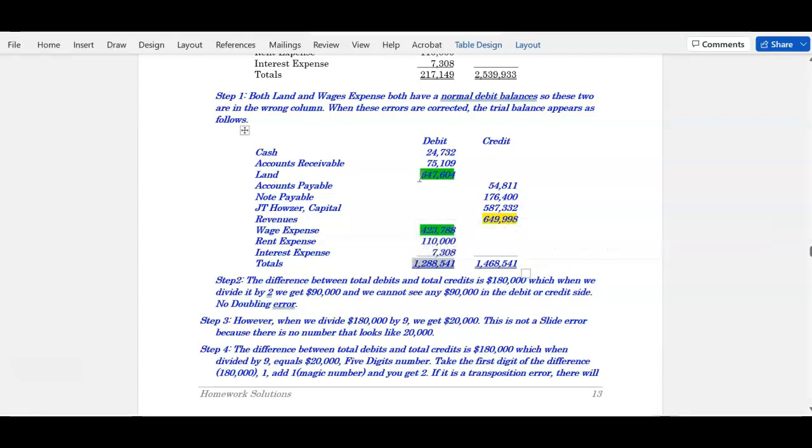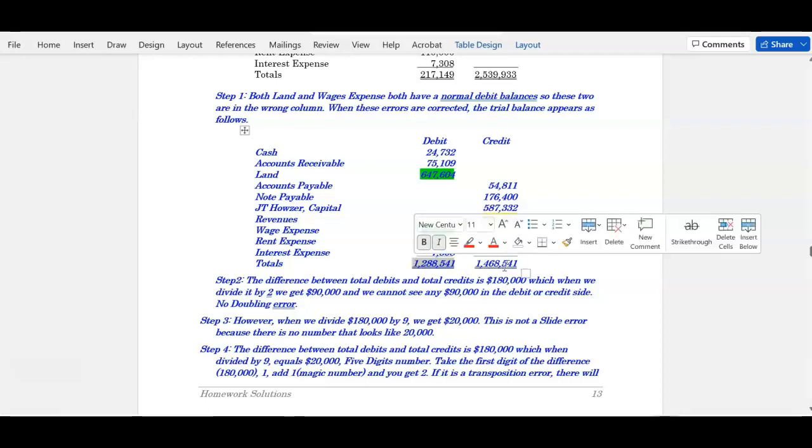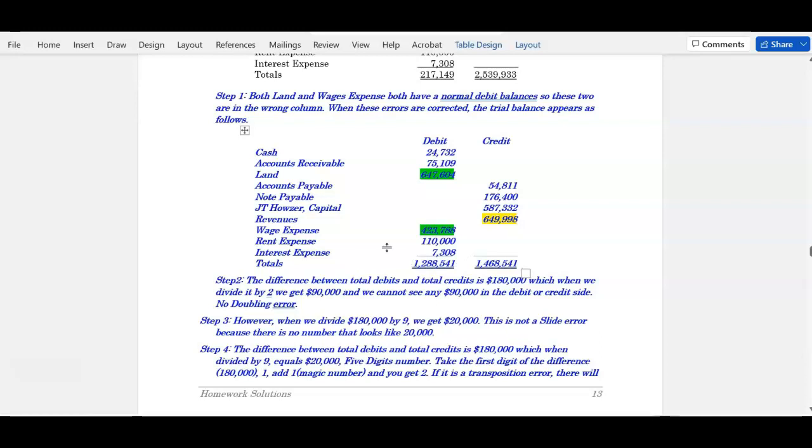So that is not your issue, probably. How about this one? If you change this 42 to 24, the number goes down. If the number goes down, then your balance goes down. You want that balance to go down? Of course not. You want that balance to go up to be equal to the other side. So forget that also.